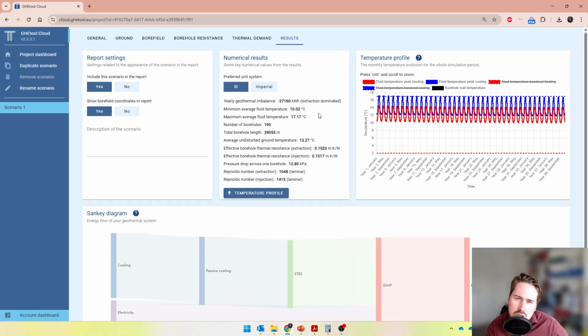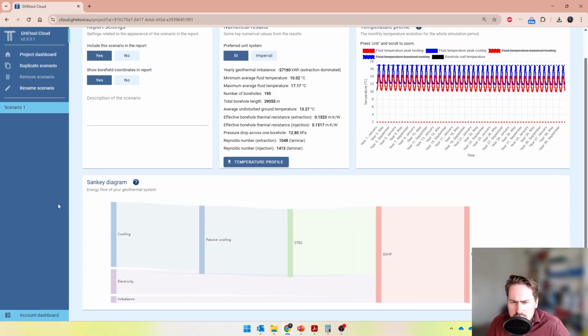Now, given the uncertainty in my project on this peak load, we can say that 17.17 degrees C is actually good enough for us. Of course, if you're really sure about your energy and your cooling demand, perhaps you can say for your project, well, this is not acceptable. But in our case, it was.